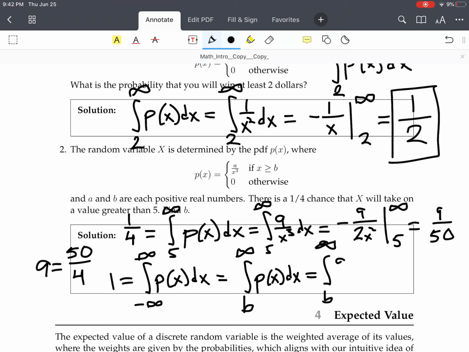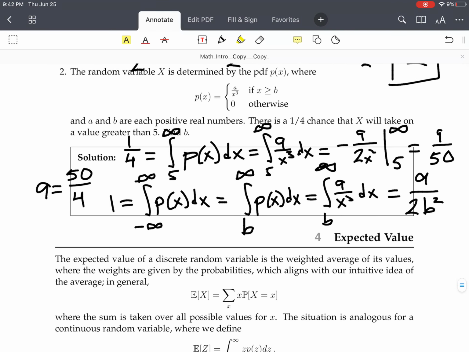I'm still going to leave the a in there to save myself from having to write numbers, but what we're going to get out basically is the same thing as up here. It's going to become a over 2 times this lower bound squared. So in this case, it's going to be 2b squared.